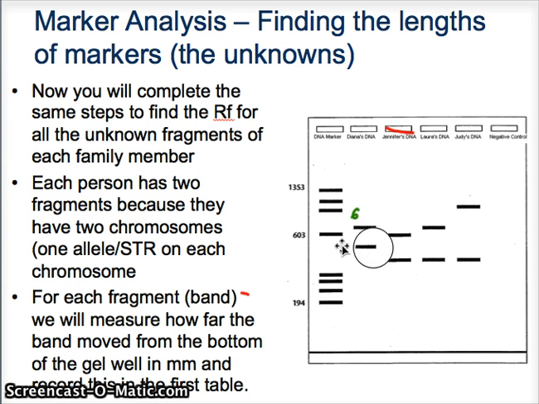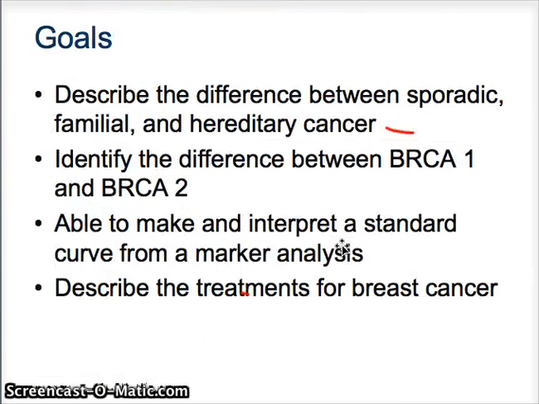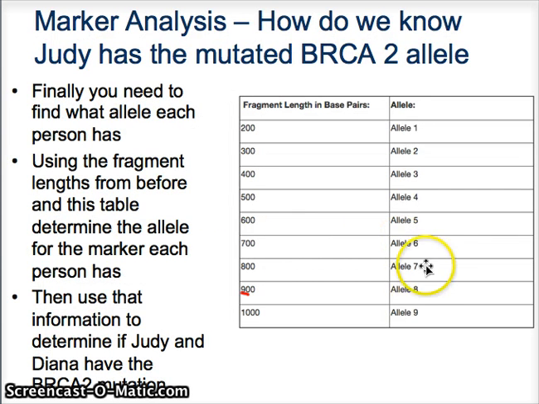Then you're going to put all that together and figure out if Judy and Diana have breast cancer, or specifically, we know they don't have breast cancer yet, but are they at risk for getting breast cancer? Do they have the BRCA2 mutation? Remember, if they have the same alleles, the same markers, as their sister and their mom, that means they should have the BRCA mutation.